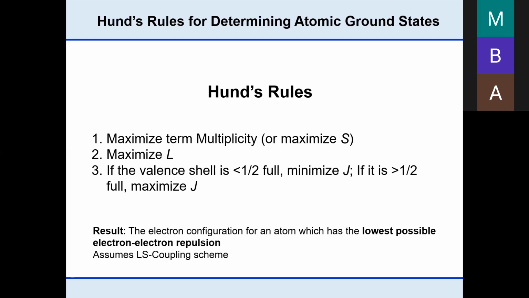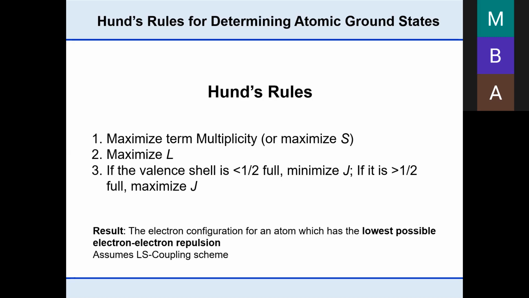And the last rule is a conditional rule: if our valence shell is less than halfway full, we want to minimize our total angular momentum quantum number, J. If it is more than halfway full, we want to maximize this value.